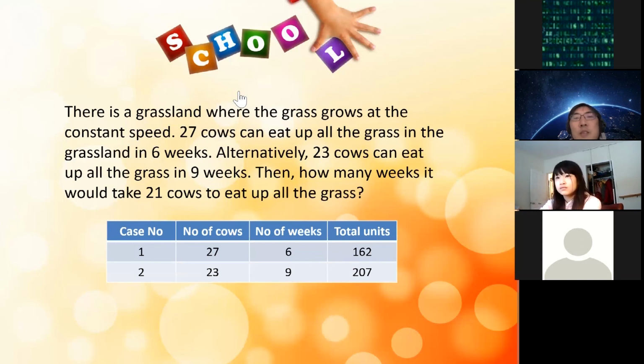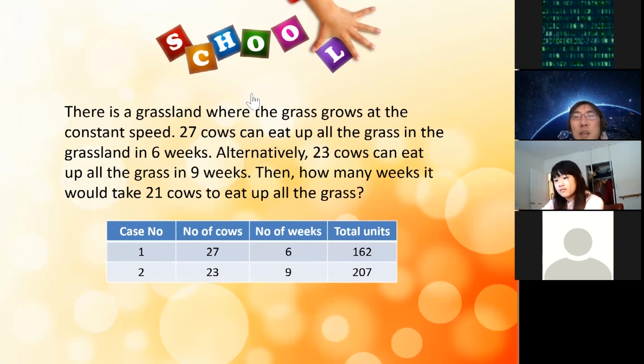Maybe it's easier for you to understand if I give you a specific number. Like 1 cow can eat 10 kilograms in a week. Maybe 10 kilograms doesn't make sense, but it doesn't matter, it's just to understand the problem, okay? So suppose 1 cow can eat 10 kilograms in 1 week. How about the 2 cows? 2 cows can eat 20, right?